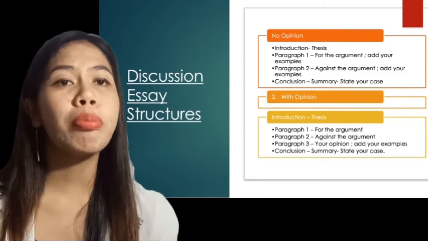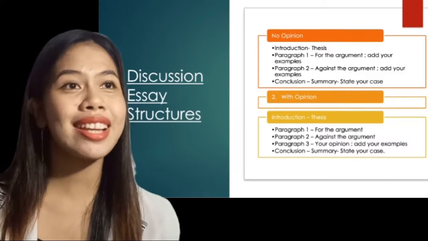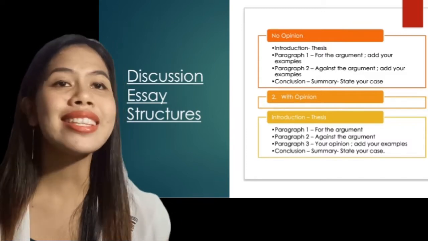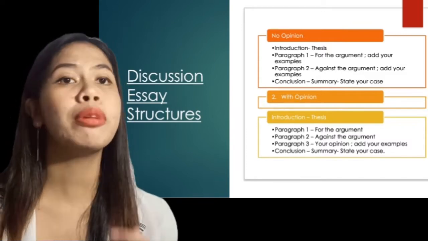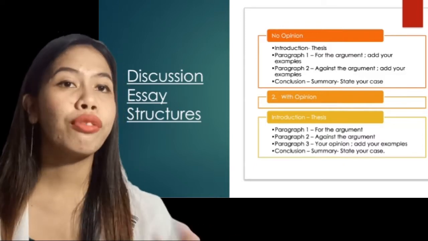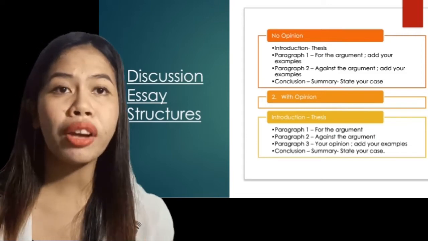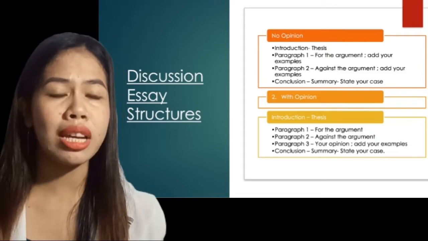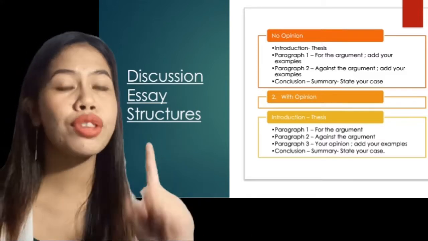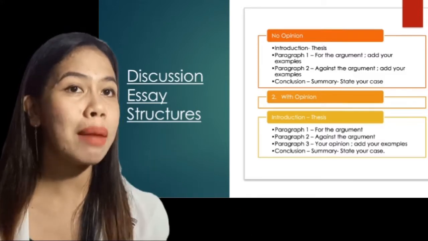In the introduction part, this is where you will write your thesis, as what I discussed earlier, that thesis is a statement or a theory that is put forward as a premise to be maintained or proved. In the first paragraph for the no opinion structure, this is where you state the argument, the first side of the story or the first side of the statement, and then you add your examples.